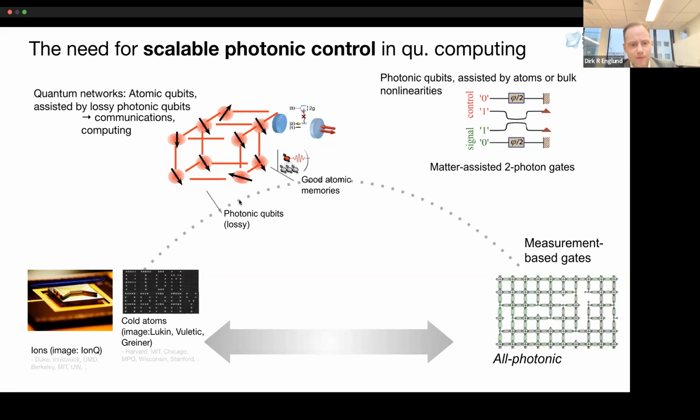That's one area for these programmable optical systems. Here is the quantum network, like the quantum network that we're developing in the CQN.